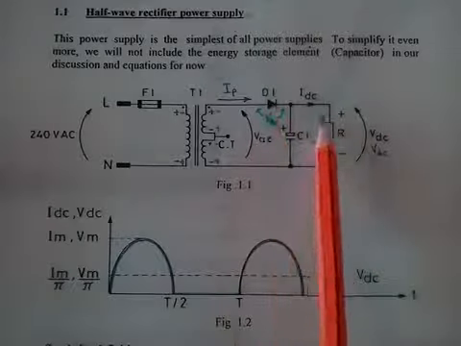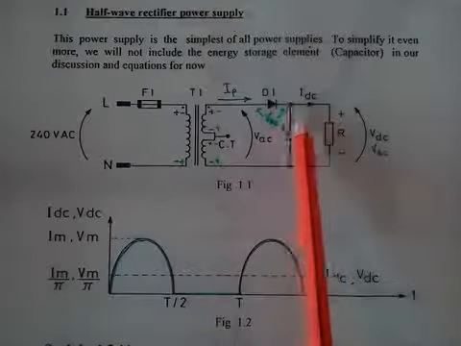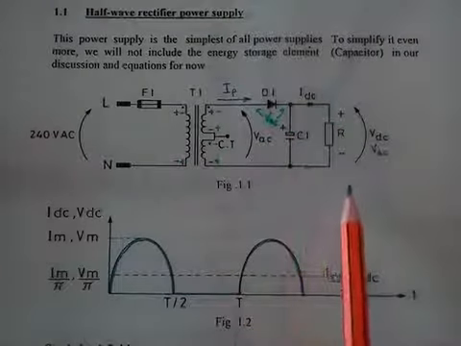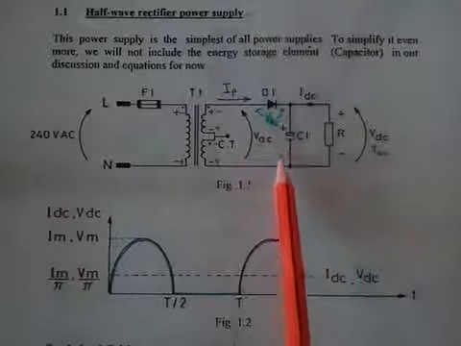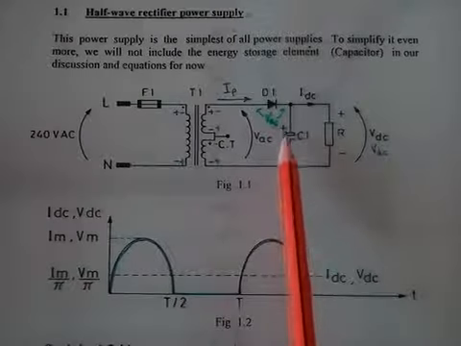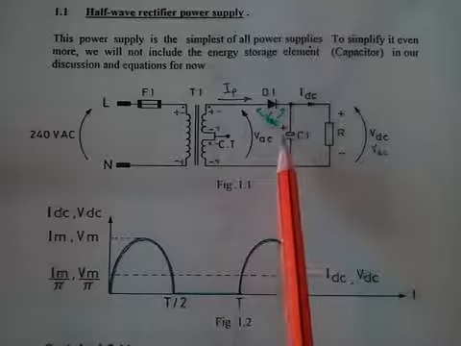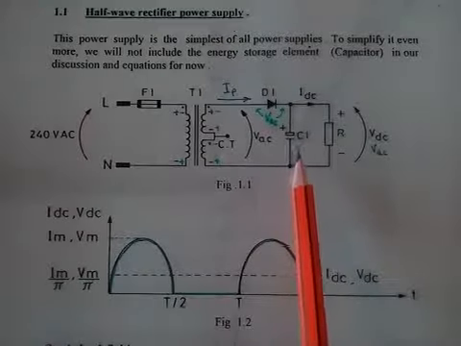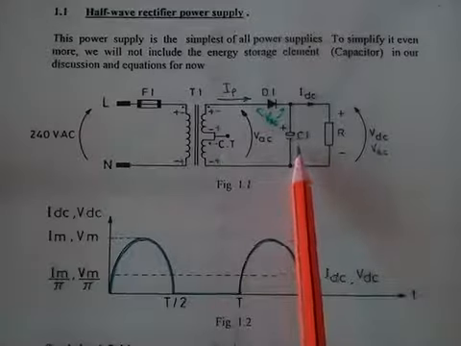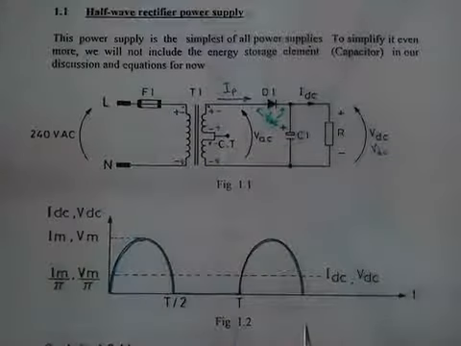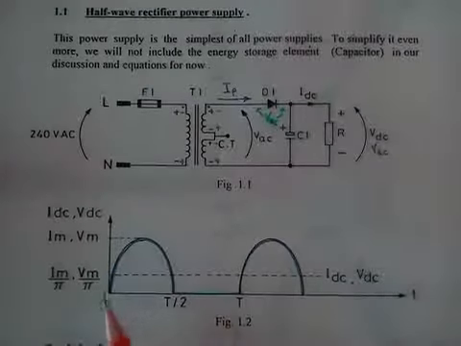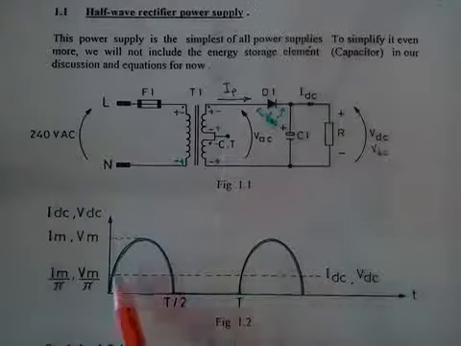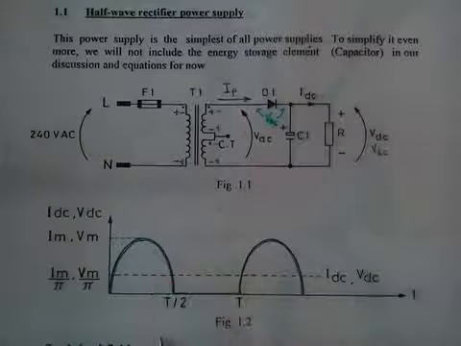Therefore, it will conduct and a current will flow through the load resistance. At the start, we are not going to consider the cap. The storage element will not be considered. We'll analyze the circuit without the presence of the storage cap.